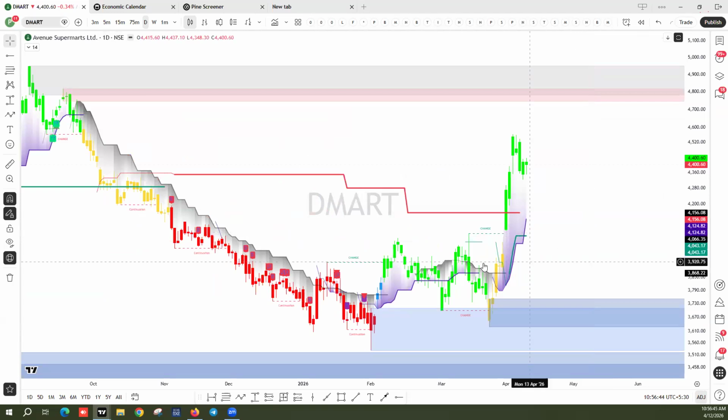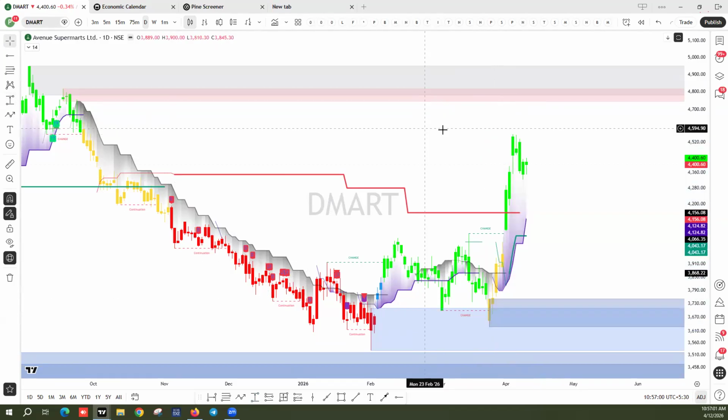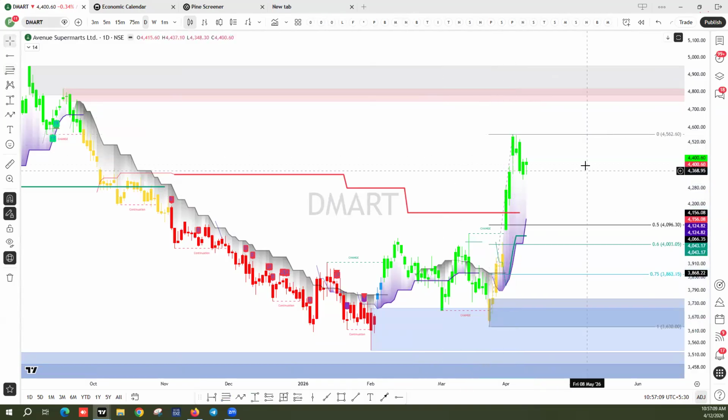DMart went up nicely, came down, went up, completed this target, again came down, went below this, could not go below, again reversed. Now, how much has it gone up from this to this? 25%. So we can look for retracement entry. It has already given one retracement, so we don't expect a big retracement now.